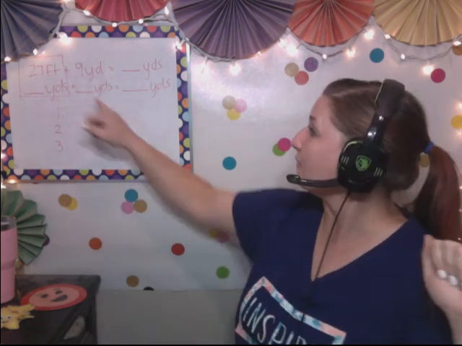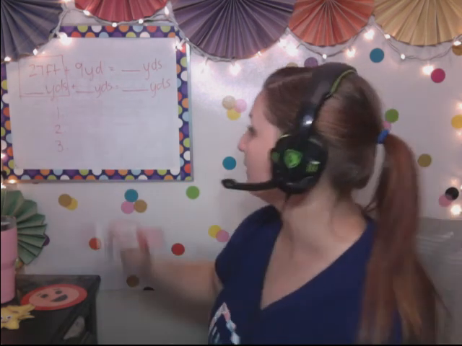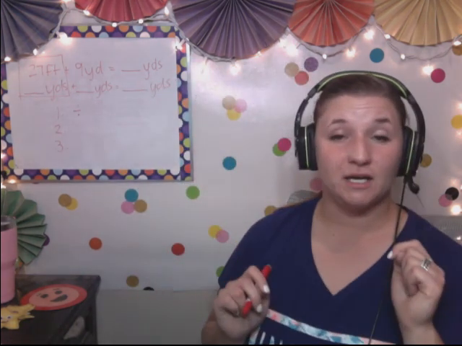So step 1, remember we need to decide, are we multiplying or are we dividing? Well, we're going from feet to yards, right? So from feet to yards, smaller to bigger, feet to yards, divide. We're going to divide. So I'm going to put a little division symbol right here. And then we need to figure out our special number.